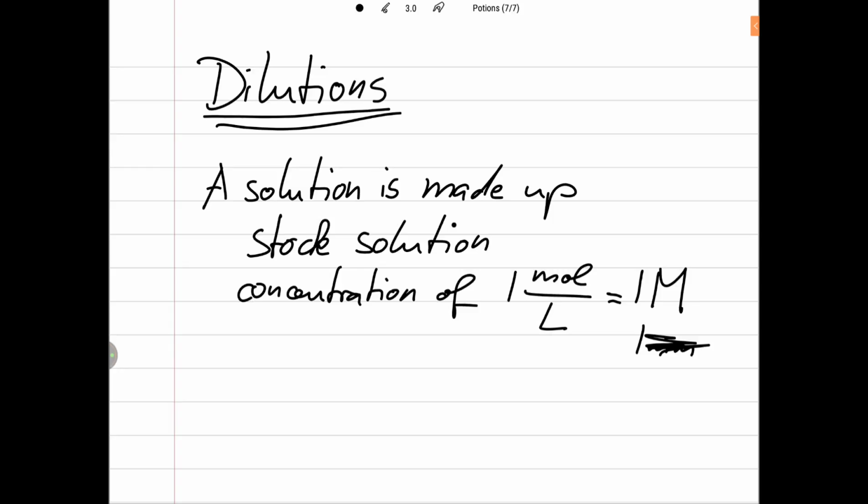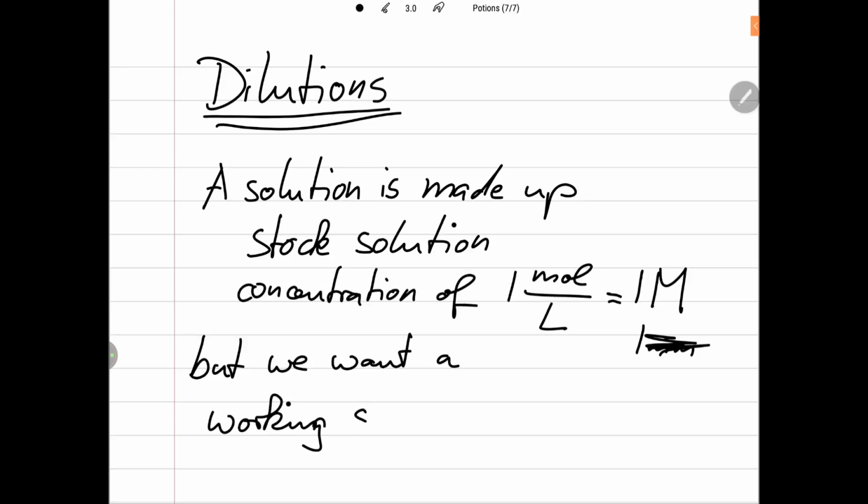So we have a stock solution, which is highly concentrated. And what we actually want is a working solution. And the working solution is less concentrated.